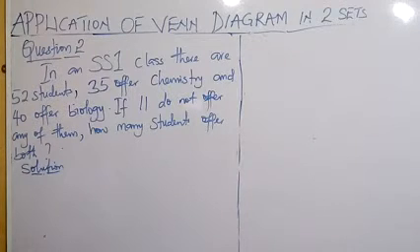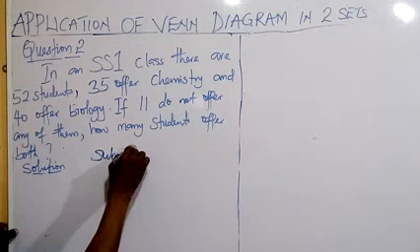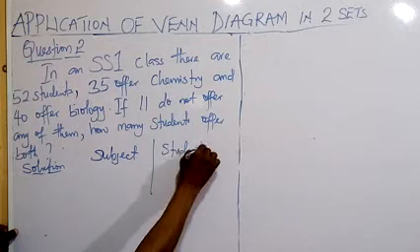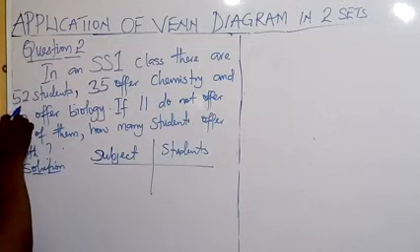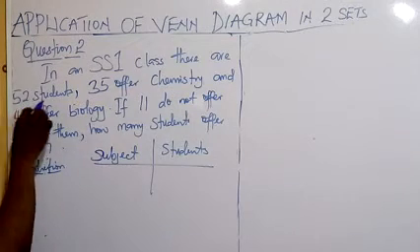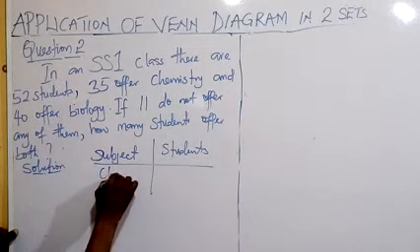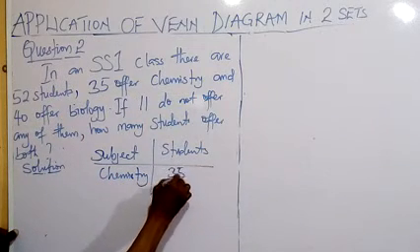At this point we're talking about a subject and students, right? Create a table for it. Now, the total number of the students is what? 52. 35 offer chemistry. You can say chemistry, that's the subject. How many students? We have 35.